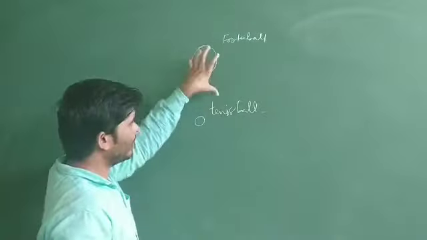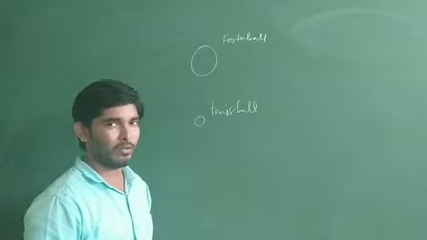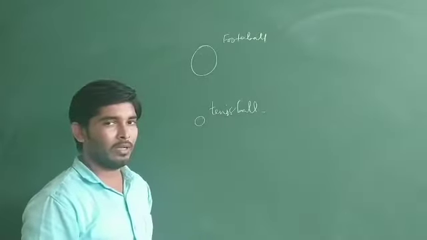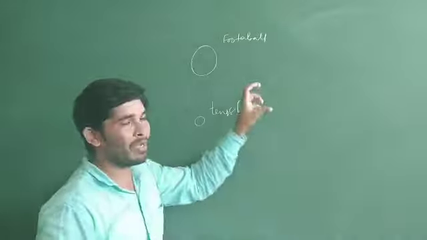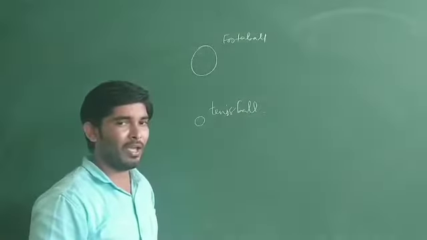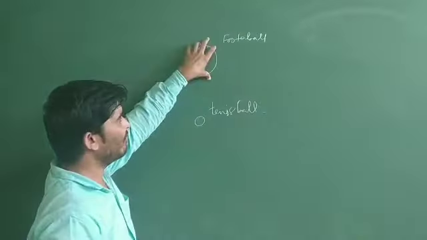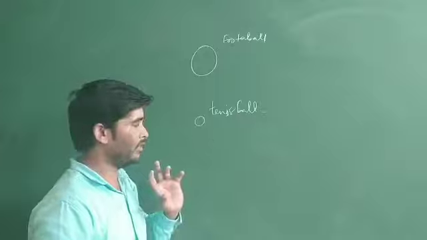Right? So what can we conclude from these two examples? The force needed to produce the same acceleration in a body depends on its mass. If the mass of a body is larger, we need to apply a larger amount of force to produce the same acceleration.